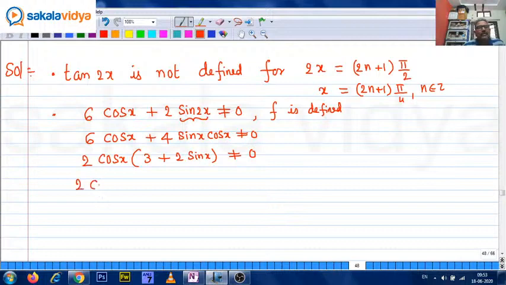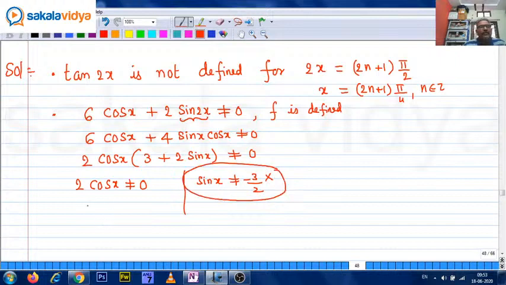That means we get 2 cos x does not equal 0, one condition. Here sin x does not equal minus 3 by 2. So sin x cannot be minus 3 by 2; we can ignore this solution. 2 cos x does not equal 0 means cos x does not equal 0.